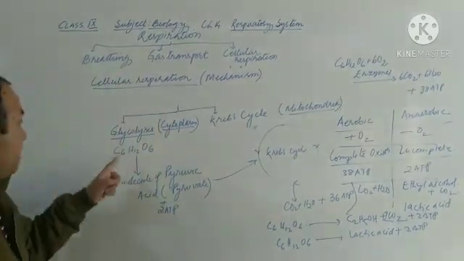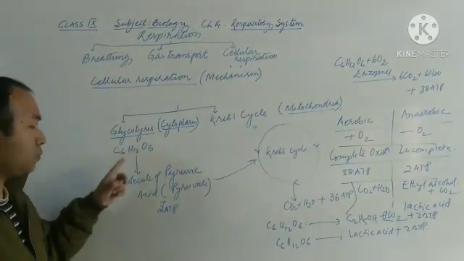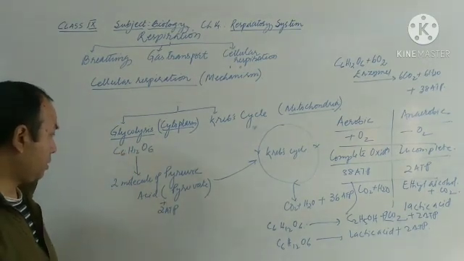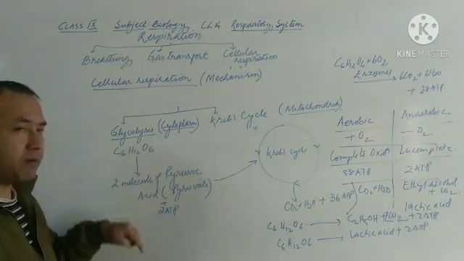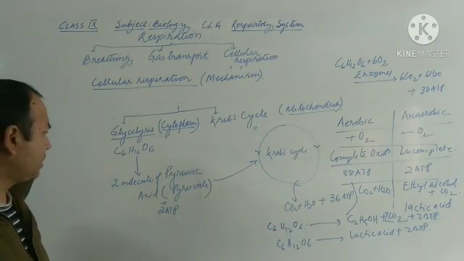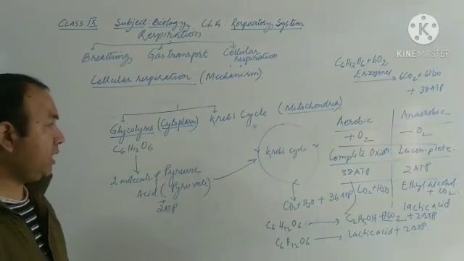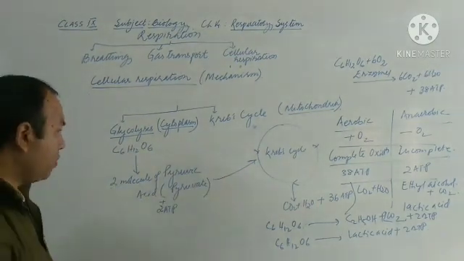Here, the glucose molecule which is being used is finally converted, in the presence of several enzymes, into pyruvic acid. This pyruvic acid, in the absence of oxygen, doesn't enter into the mitochondria.